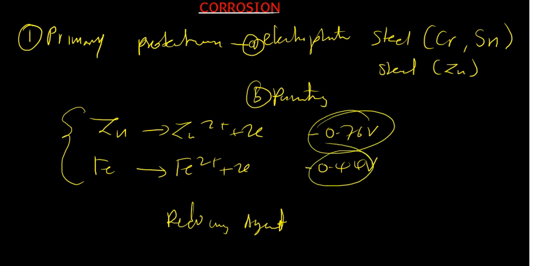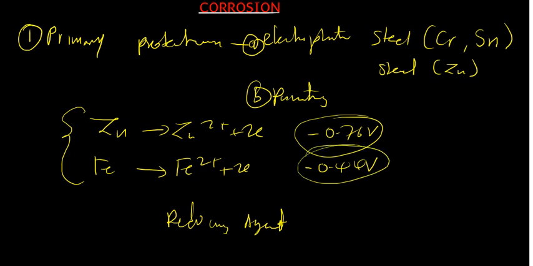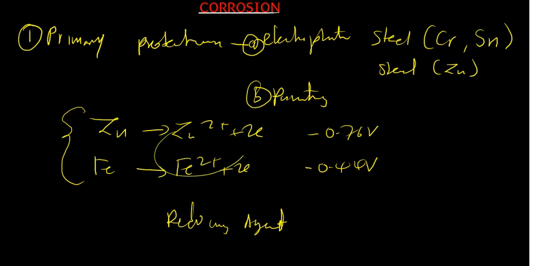The one which is more negative can be easily swapped, such that the cell potential becomes positive. When these two are reacting, the one which is more negative swaps the reaction so that it becomes positive, such that if we add these two values, we get a positive value. And so zinc is a stronger reducing agent as compared to iron, because it can be easily oxidized.